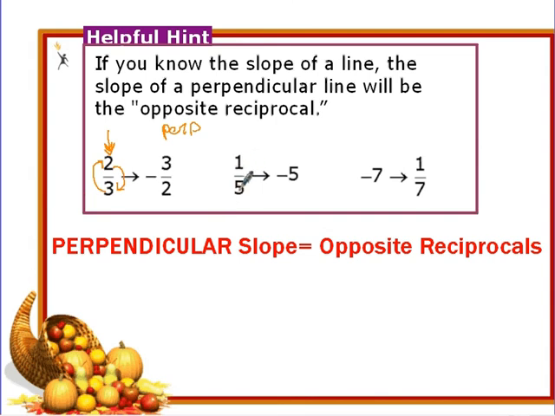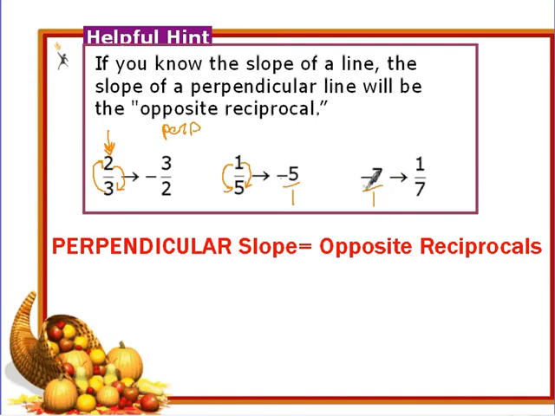Okay, 1 over 5, we take the opposite of that. So it's positive now, we take the opposite, negative, and we flip 1 and 5 upside down. So this becomes 5 over 1. But that 1's invisible because you don't need it, because 5 divided by 1 is just 5. -7, that's like -7 over 1.